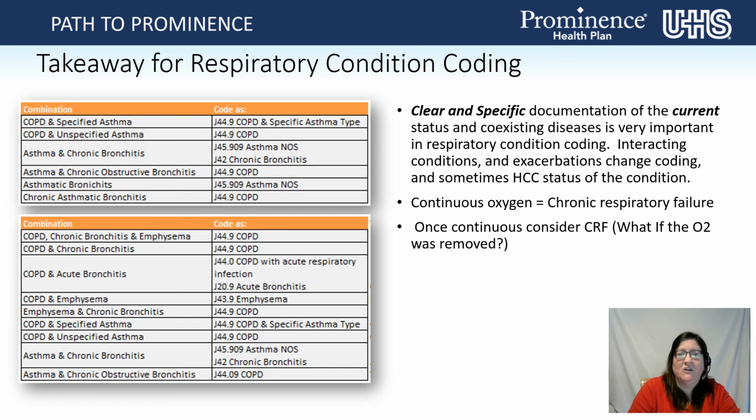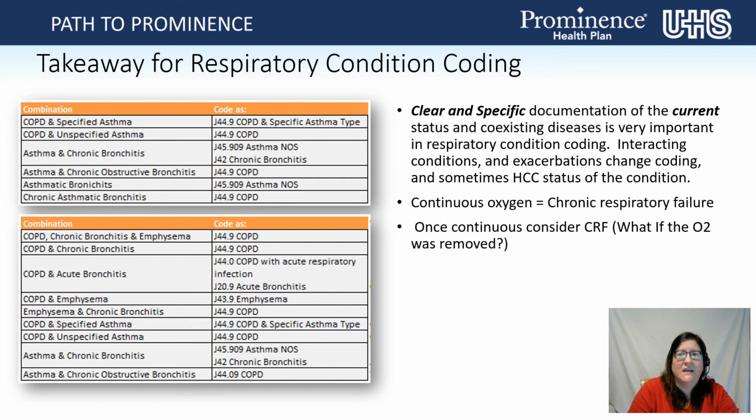You see the tables here on the right where I've included the diagnosis descriptor as well as the diagnosis code. But most importantly, something to think about is when you have that patient that's on continuous home oxygen without a more defined diagnosis, ask yourself, is it equivalent to chronic respiratory failure?